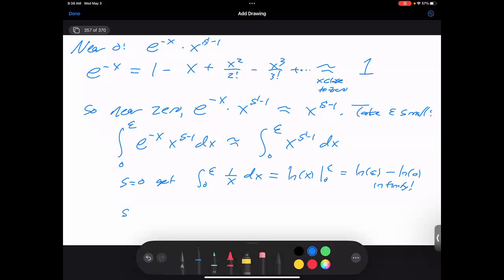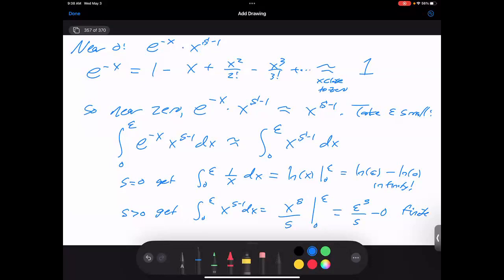If s is greater than 0, we get the integral from 0 to epsilon of x to the s minus 1 dx. This is going to be x to the s over s at 0 and epsilon. And that's going to be epsilon to the s over s minus 0, and it's finite.